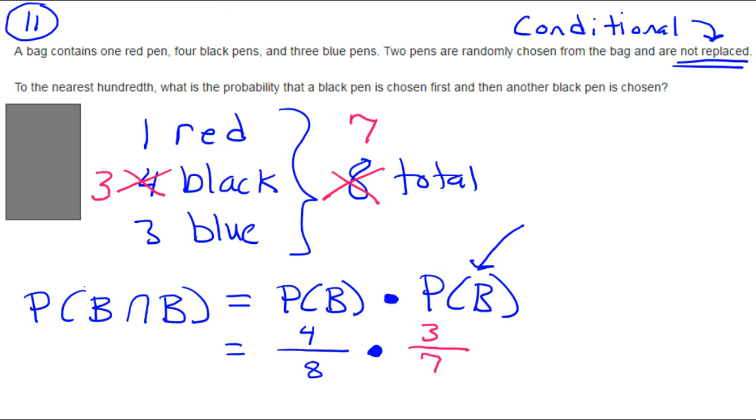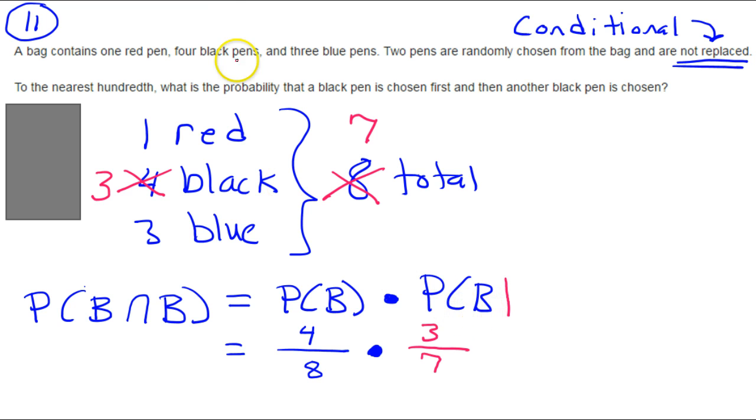Okay? Now before I go any further, technically I have to rewrite the second one, because if I just put the probability of grabbing a black pen, that means 4 out of 8. Right? Written that way, it means from the original setup. If I want to somehow reflect the fact that something has happened ahead of time, that's what conditional probability is, and I need to write it this way. So I can't just say the probability of grabbing a black pen.